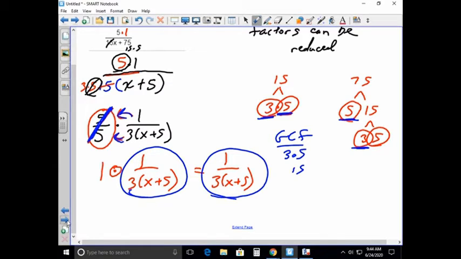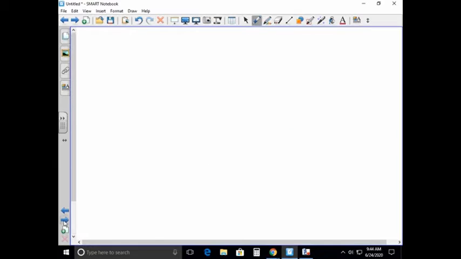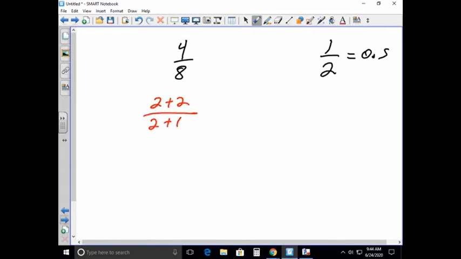Let's look at an example of that. Just a simple example. Let's look at 4 over 8. Now, a lot of you may recognize that 4 over 8 reduces to 1/2, or if you convert that to a decimal, is 0.5. But just for illustration, let's rewrite 4 as 2 plus 2 and 8 as 2 plus 6.